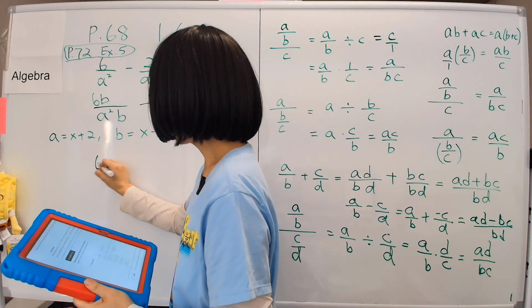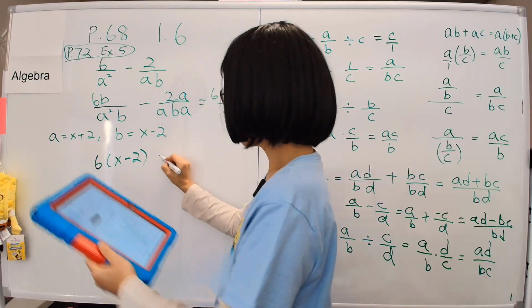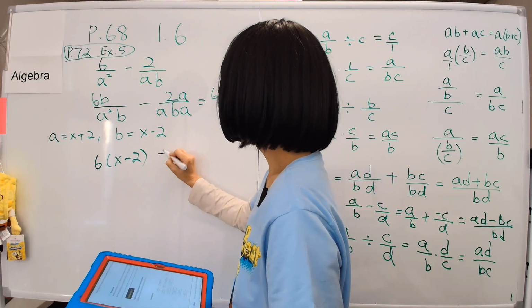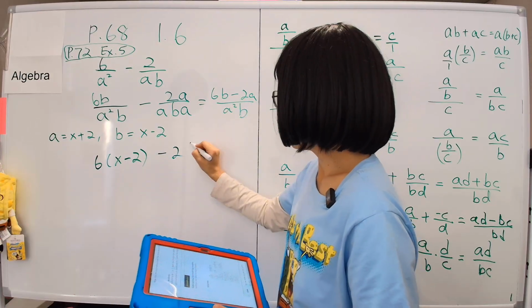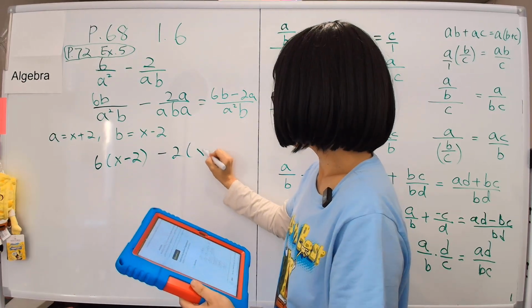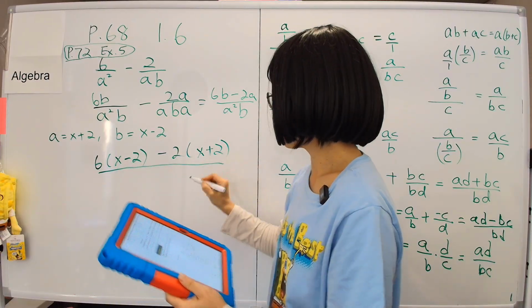We have 6 times x minus 2, and then minus 2 times, b is x minus 2, and then 2 times x plus 2, and then all over the denominator, which is a bunch of stuff.